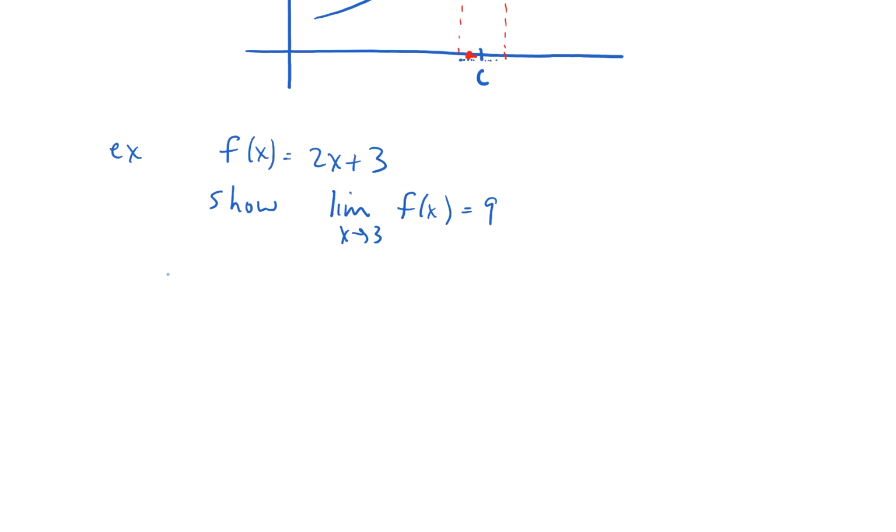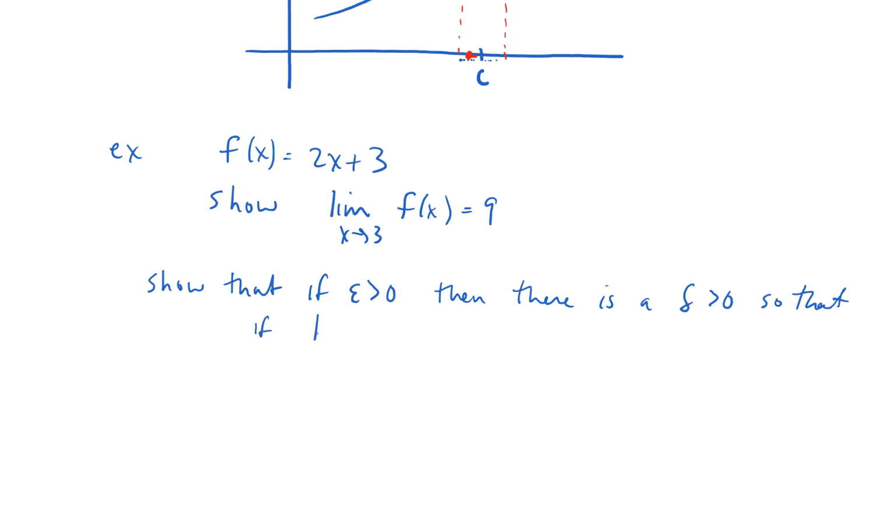Okay, in other words, I want to show: if epsilon is bigger than 0, if I pick any tiny number, then there is a delta bigger than 0, so that if the distance between x and 3 is less than that delta, then f of x minus 9 is less than epsilon.